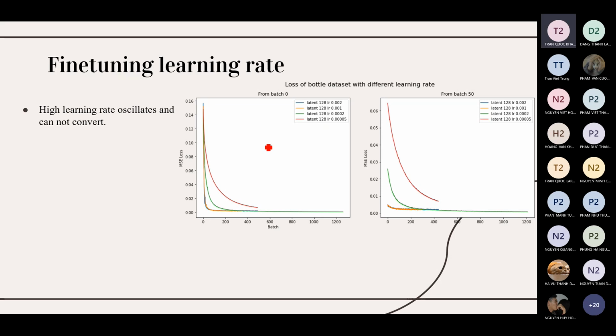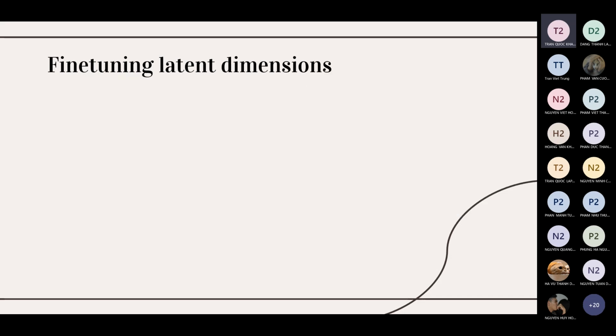For a high learning rate, it converges faster in the first step, but it oscillates more and cannot converge after that point. And a small learning rate, the red line here, is also quite slow to converge. So you can see that the learning rate 0.0003 is good for our model.